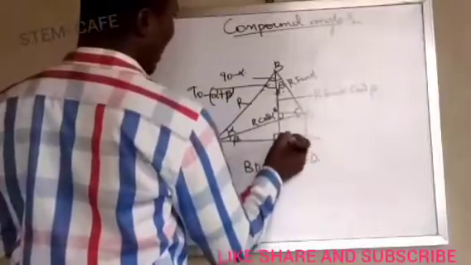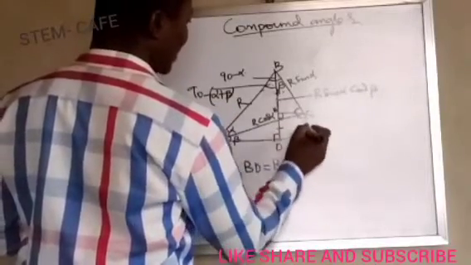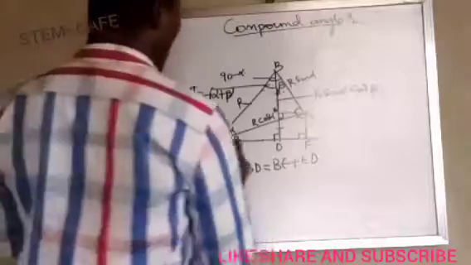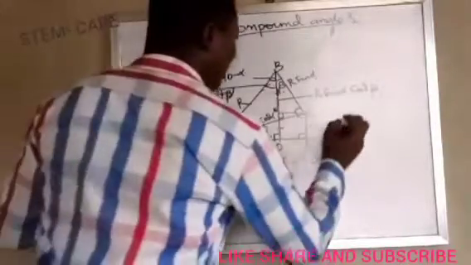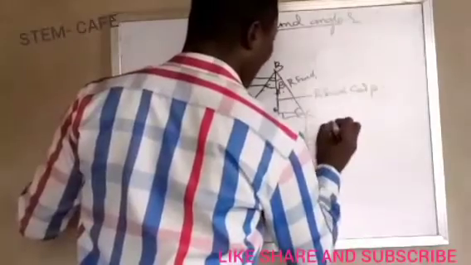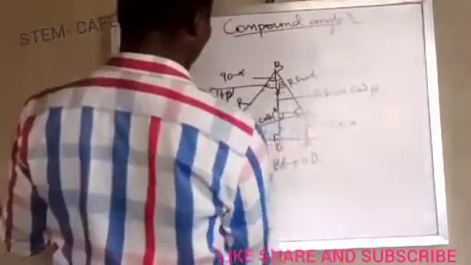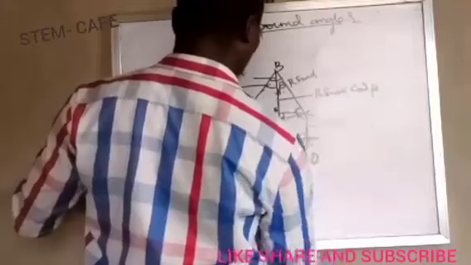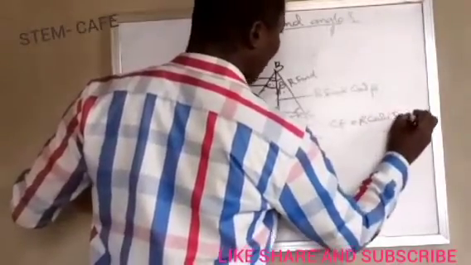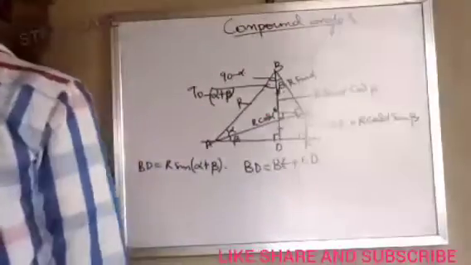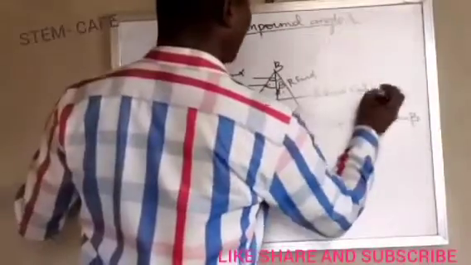To find ED, I realize that ED is the same thing as CF. And from the triangle ACF, CF is equal to r cos alpha sine beta.